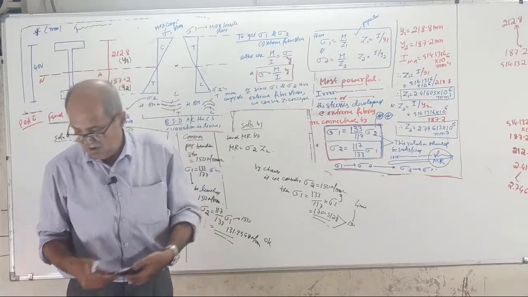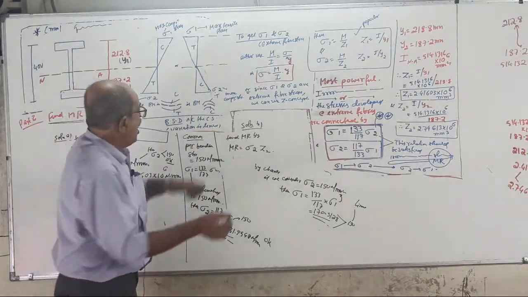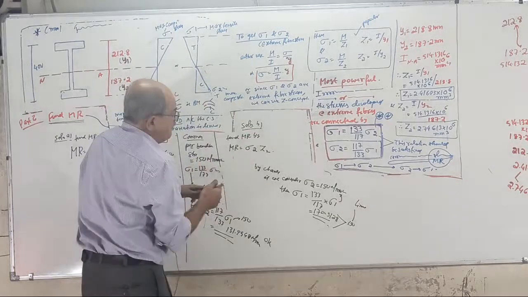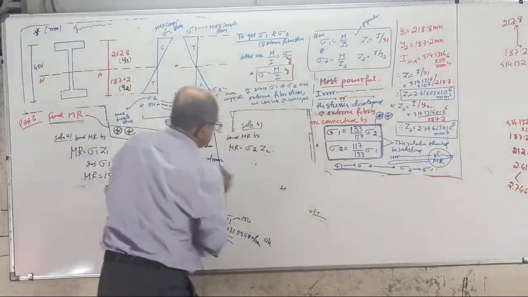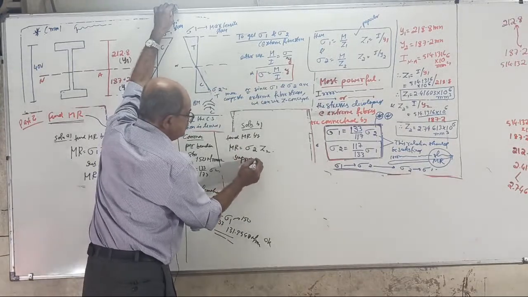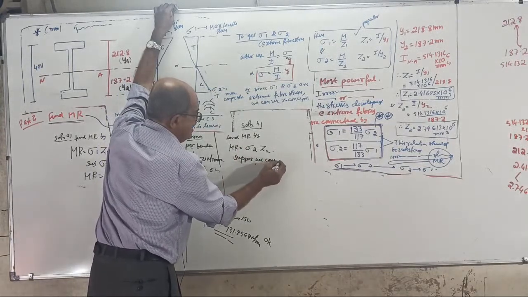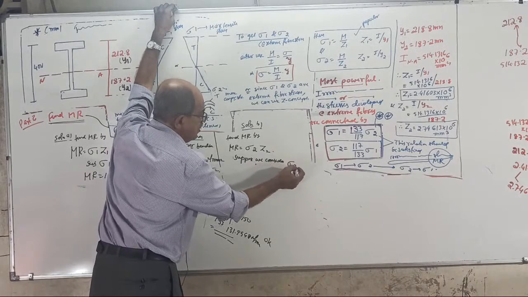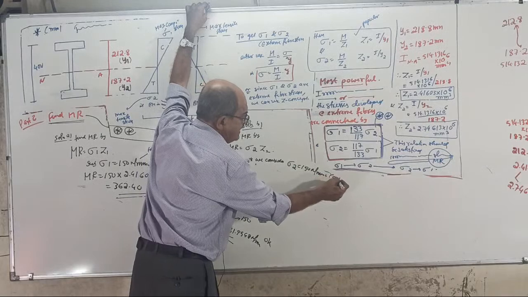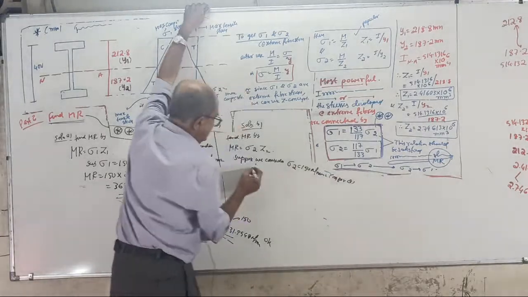So this is MR. Or if you find MR by sigma 2 Z2, see here what I am doing. Suppose we consider sigma 2 equal to 150 Newton per mm square, as per the question.